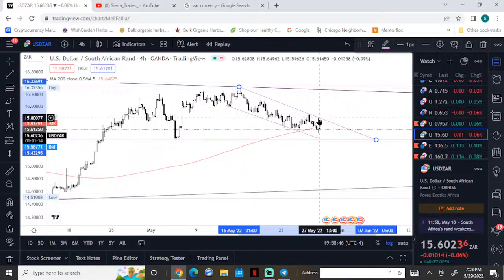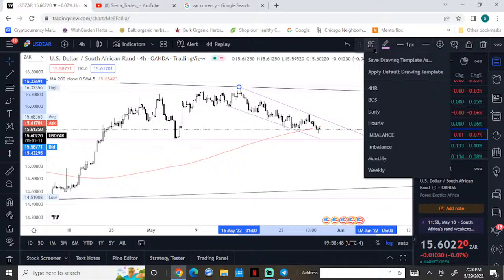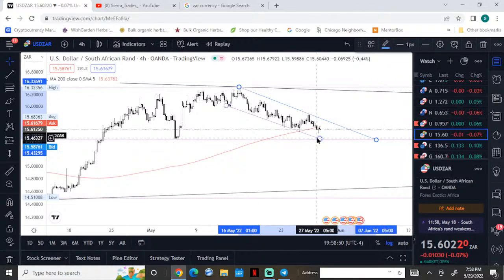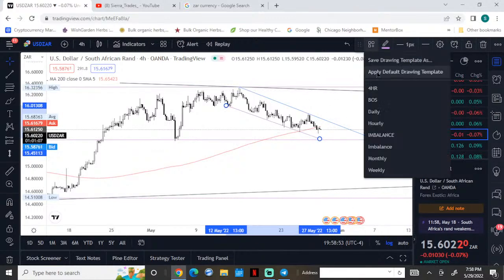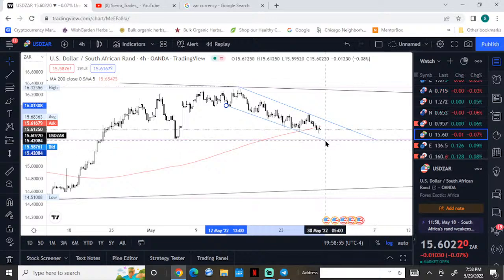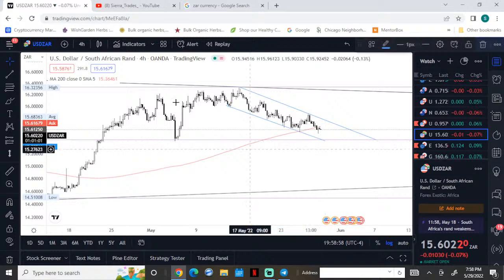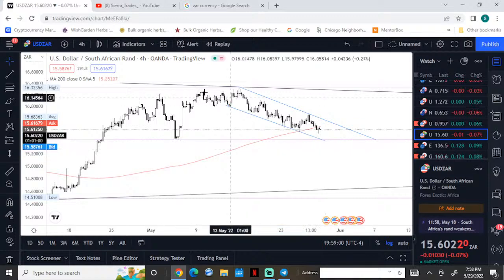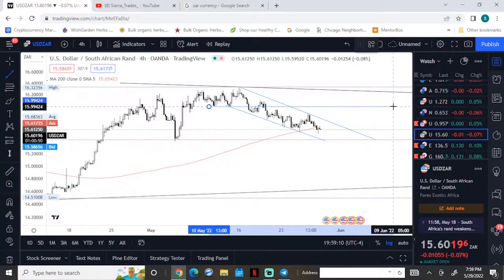Alright, change this to 4 hour, which is blue. I am going to mark this area right here, consolidated nicely in that area. I'm going to bring it over here. Let's see.